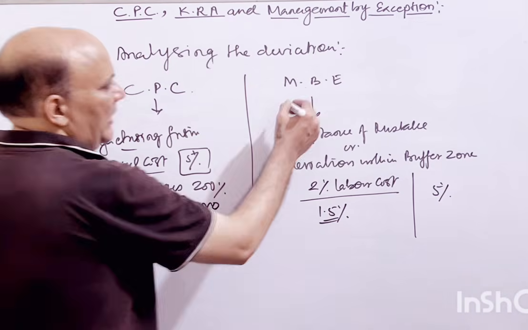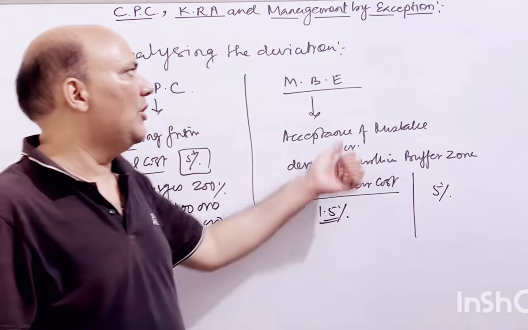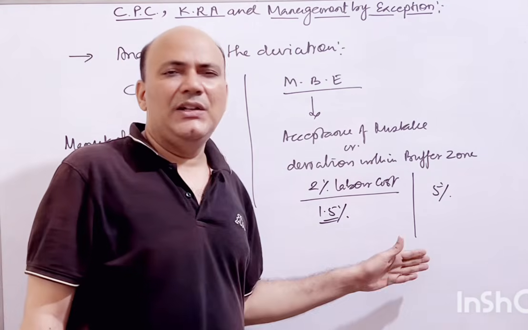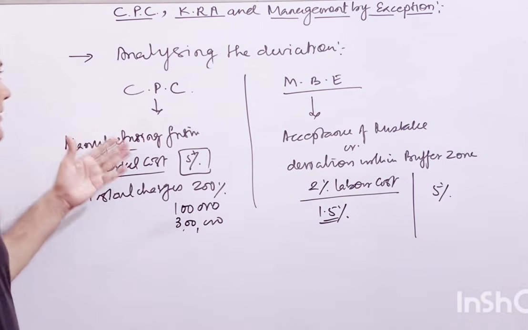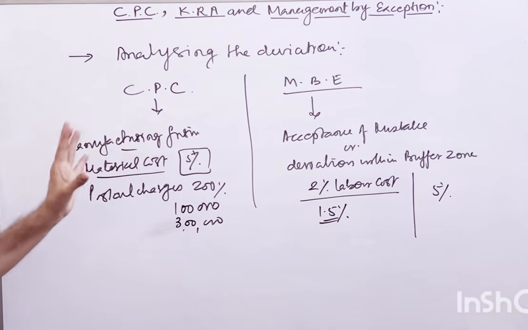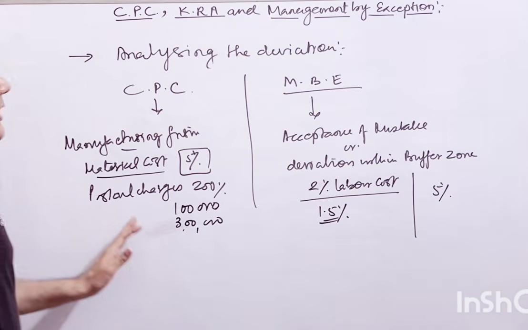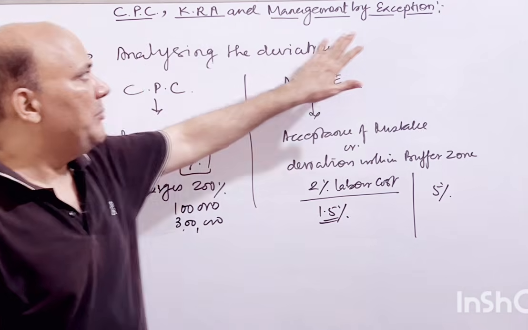So that is MBE, management by exception. Only those things which are exceptional in nature will be brought to the notice of the top manager, so that they can find out the corrective action plan for the deviations coming into the picture. And the CPC means there are certain points which need to be controlled for the future performance of the organization. So these are called CPC, KRA and management by exception.